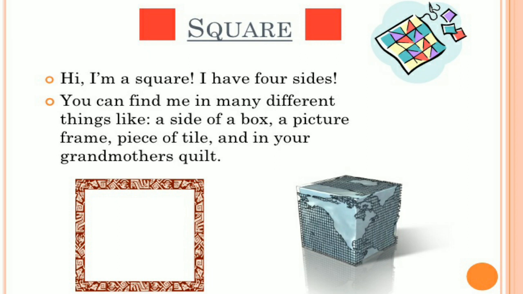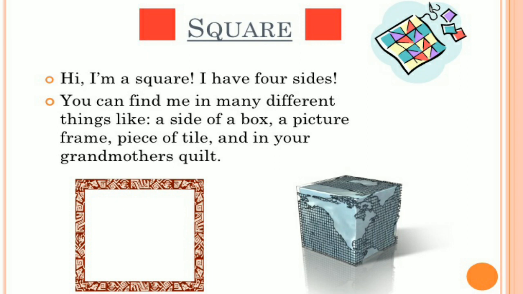Many things we can find all around us are square. So a box is also square, a photo frame is square. A square has four sides, and the four sides are the same size. So students, you all understand about square.